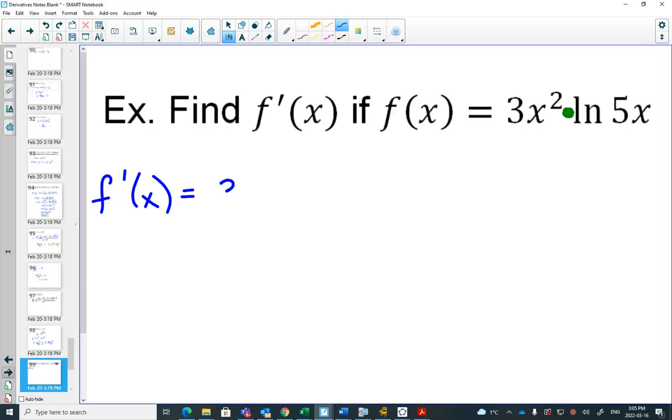Keep one the same. Multiply by, oh, this is beautiful. This is a beautiful derivative. Do you see that it's a chain rule. 1 over 5x times 5.